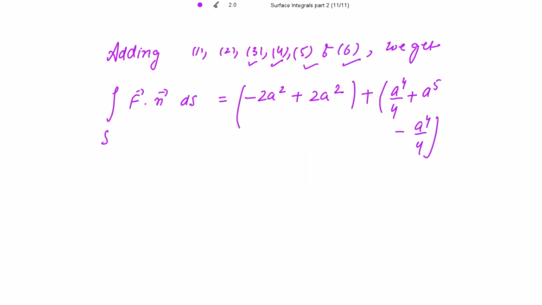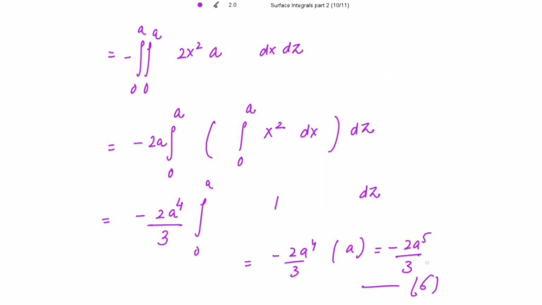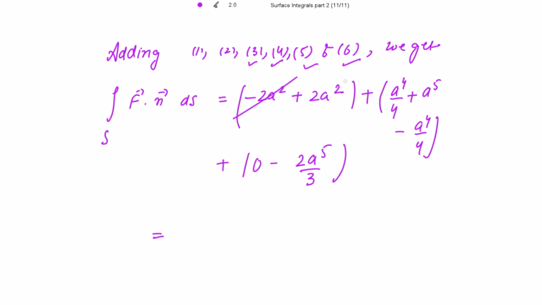And then the last two, the fifth integral is 0, and the sixth one is negative 2a to the power 5 by 3. So cancelling these two, we get a to the power 5 minus 2a to the power 5 divided by 3. So that gives a to the power 5 divided by 3.